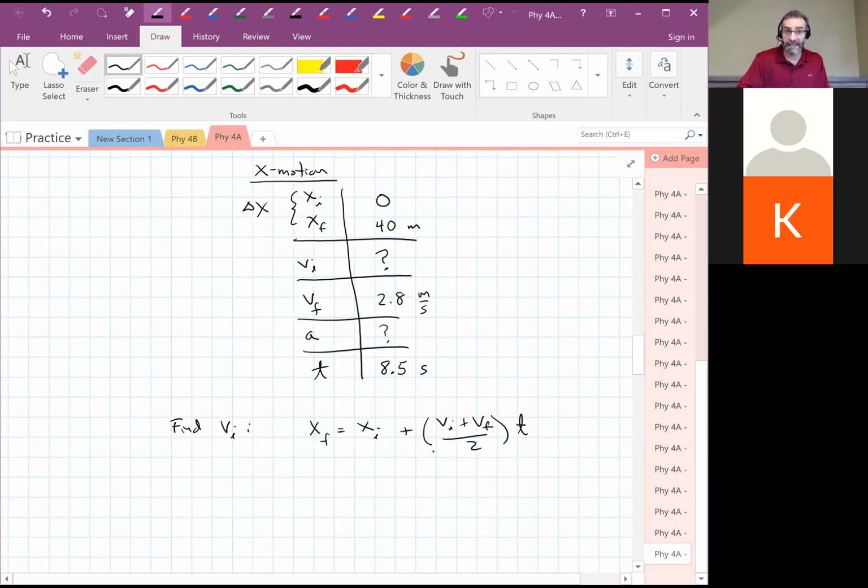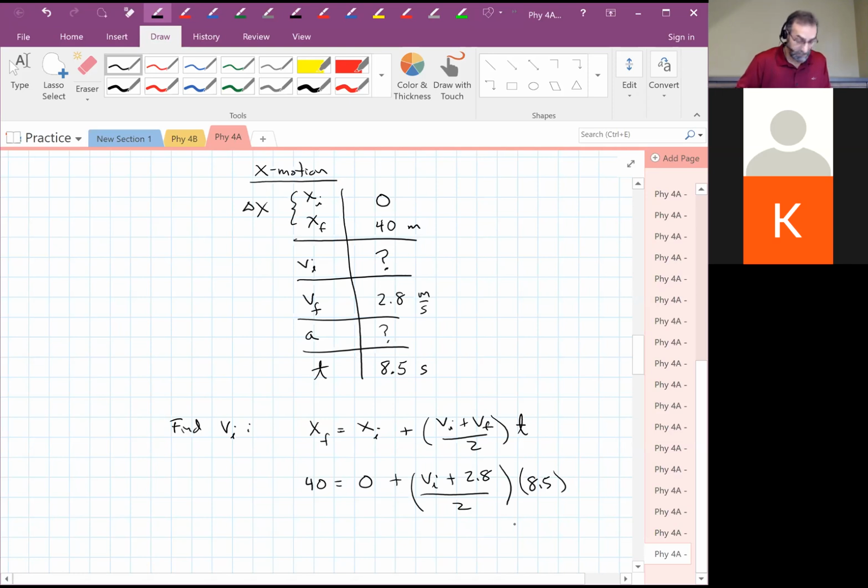In our case, everything is positive, but that's not usually the case. So if you had a velocity of negative 2.8, make sure you plug in negative 2.8 here for the velocity. But our numbers are all positive. So x final is 40, x initial is 0, v initial plus v final over 2 gives us the average velocity, and the time 8.5 seconds.